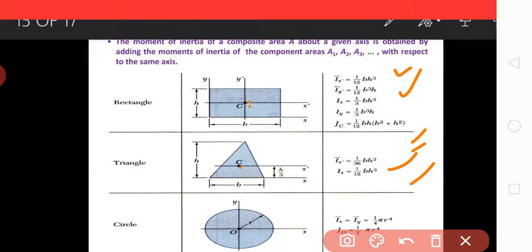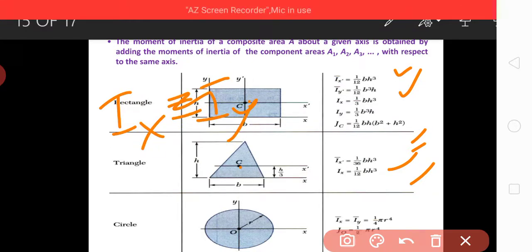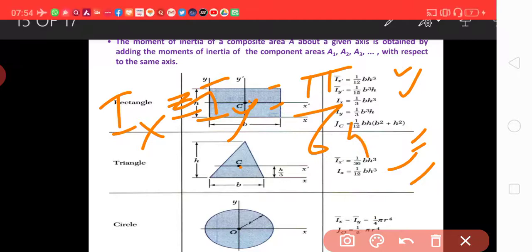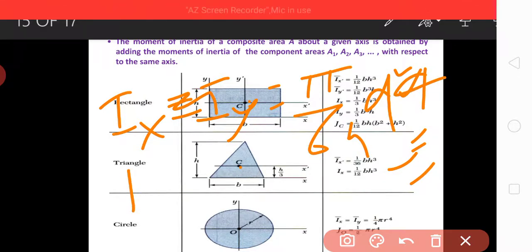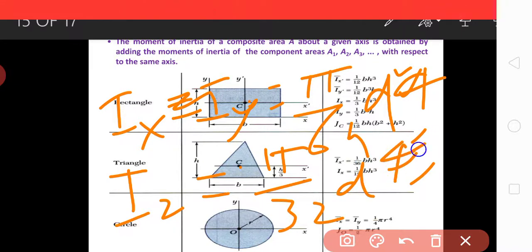Similarly, for a lamina of circular section, Ix and Iy equal pi r to the power 4 by 4, and for the polar axis, it is double of these two, that is pi by 2 r to the power 4. In terms of diameter, you can say Ix equal to Iy equal to pi by 64 d to the power 4, and Iz equal to pi by 32 d to the power 4.